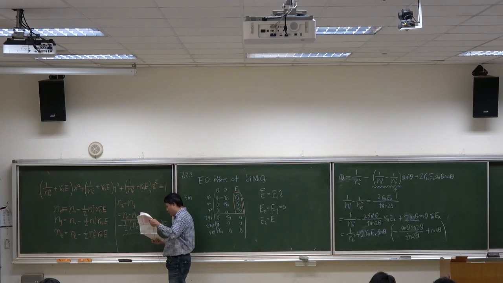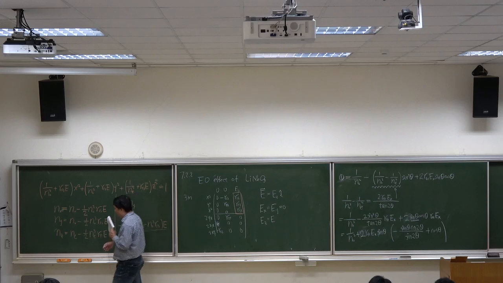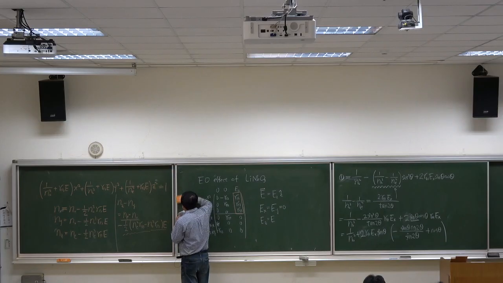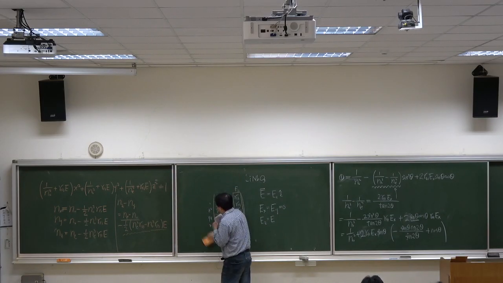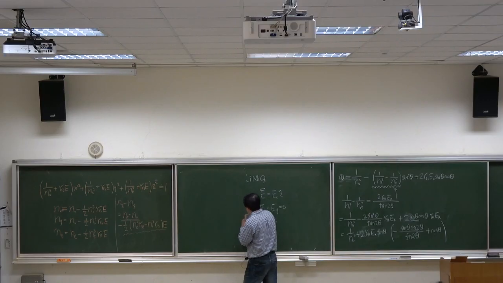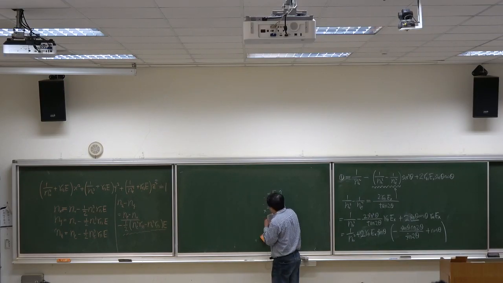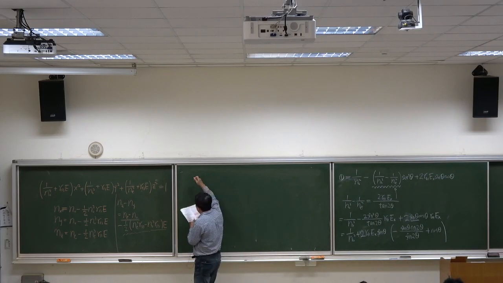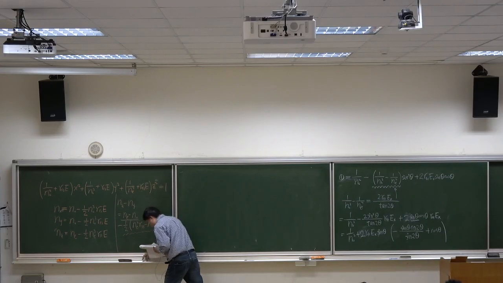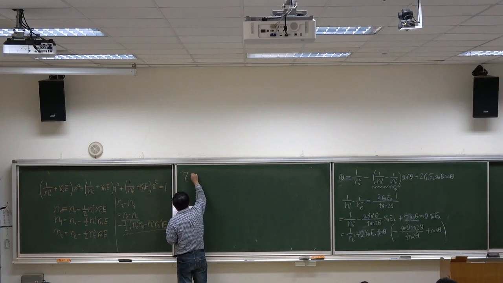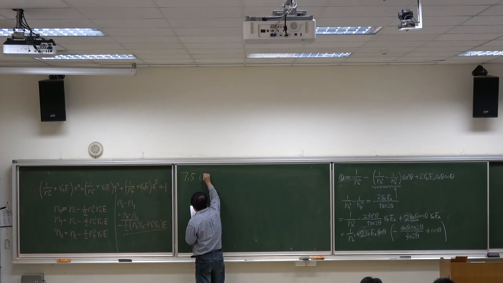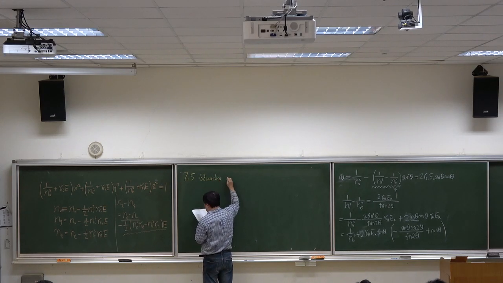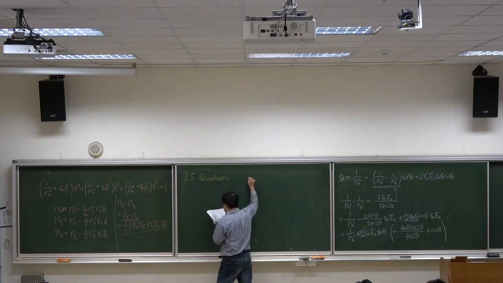Before we formally explain modulation, I will jump to the second to last section to talk about the projected Kerr effect. Before I further explore the modulation by means of the EO effect, now we discuss the projected EO effect. Section 7.5, projected EO effect.